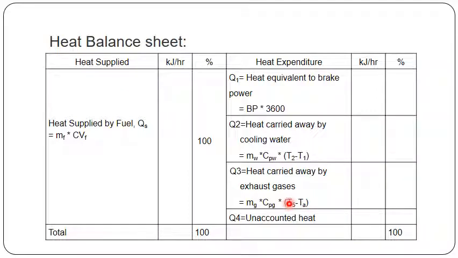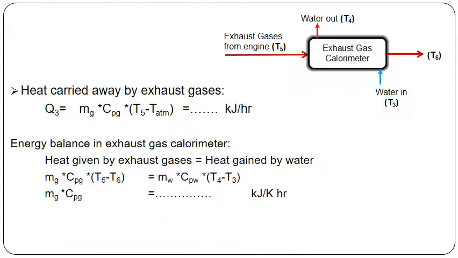So the temperature difference is T5, the temperature of the exhaust gases coming out of the engine, minus the atmospheric temperature. But the Cp value depends on the composition of the exhaust gases. With the change in load, the fuel consumption is changing, so the composition of gases is also changing. So how do we get this value?